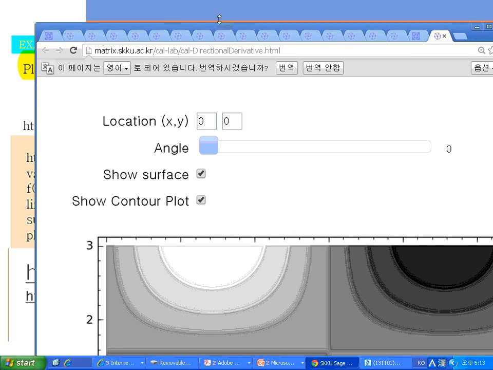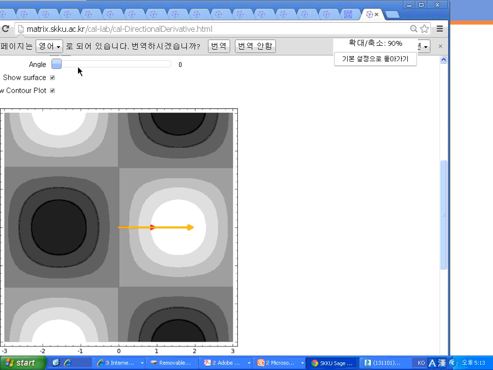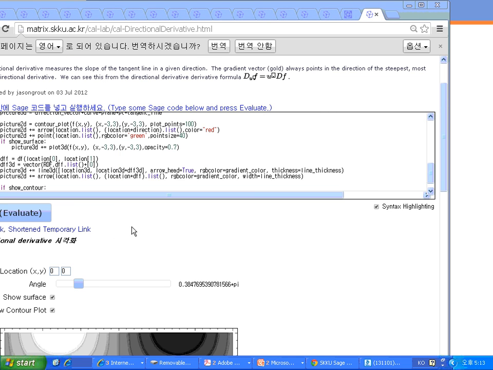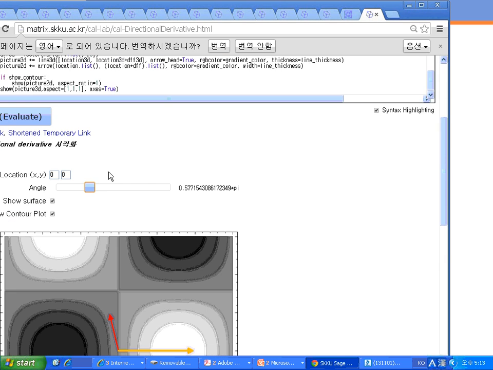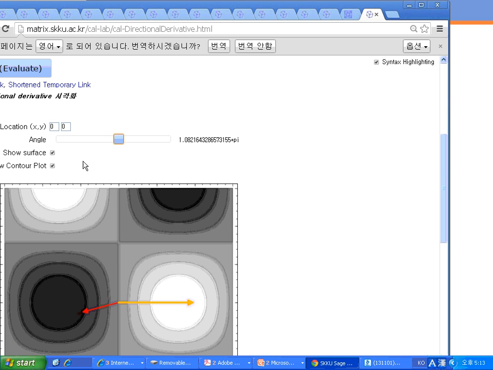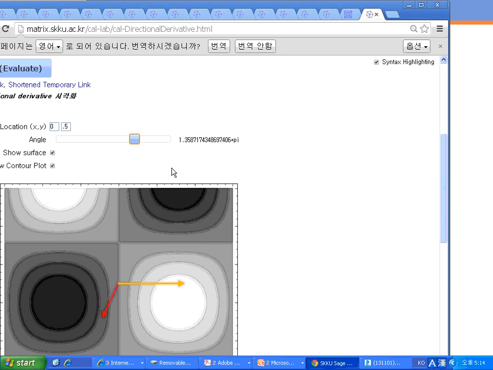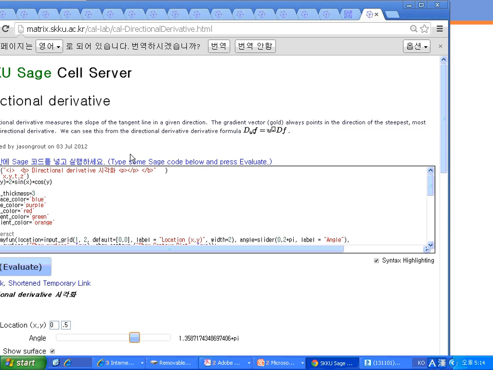This is code that you can simulate; if you change the point to a different one, then it gives us the directional derivatives and contours.